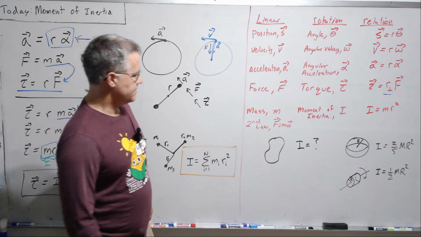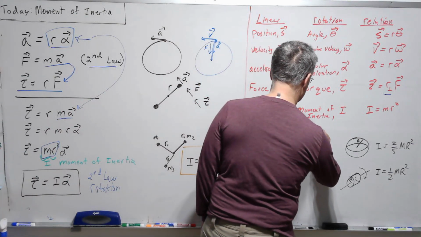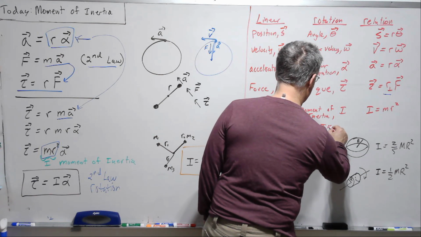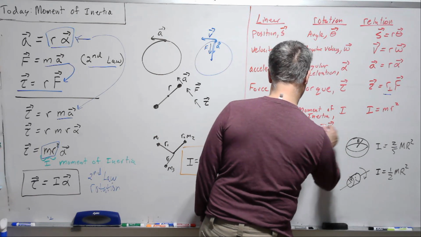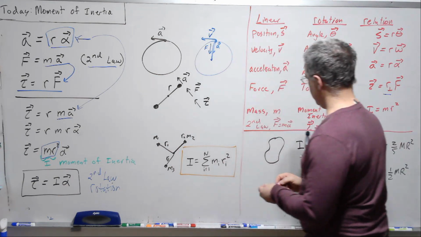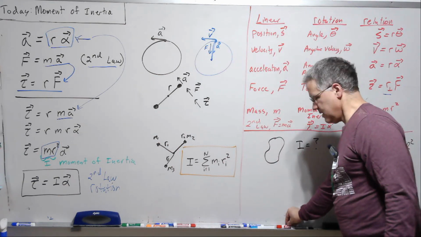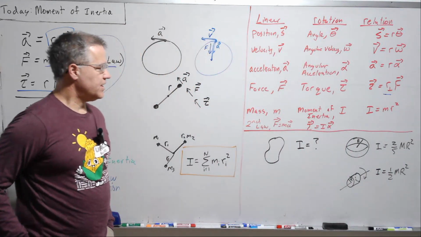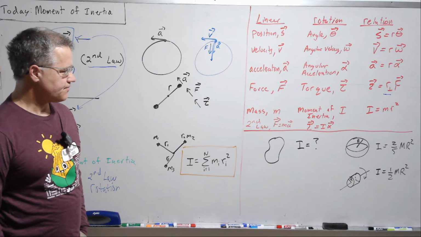F equals ma. Tau equals I alpha. All right, so we're really starting to see these analogies between the linear and circular motion.